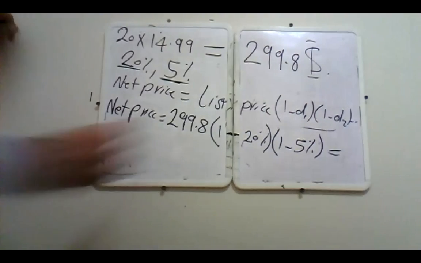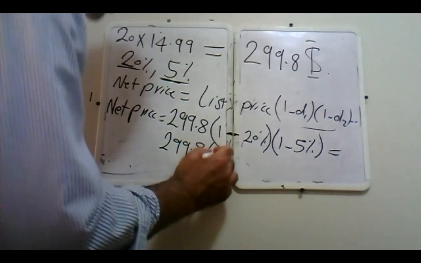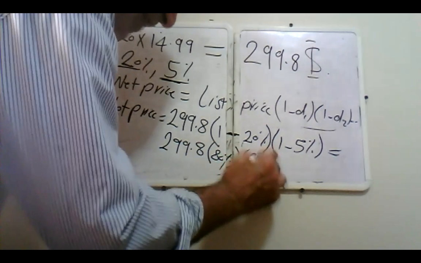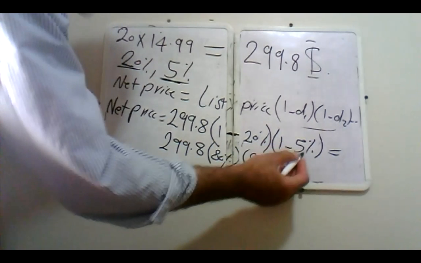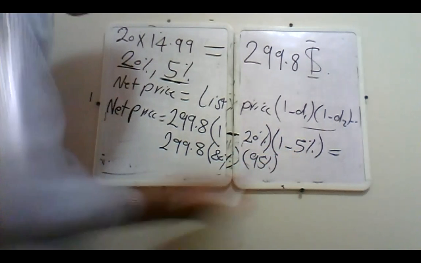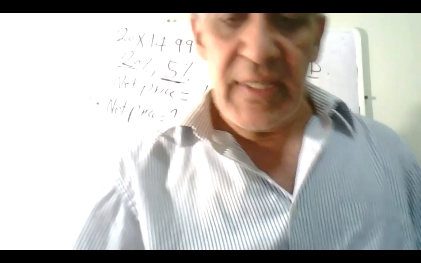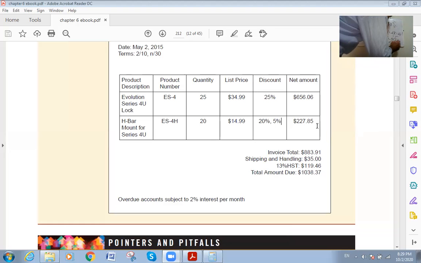That equals 299.8 multiplied by 80% multiplied by 95%. 1 minus 20% is 80%, and 1 minus 5% gives me 95%. This will give you the final number, which you will find here: 227.85. Try it with your hand, you will find the same result.